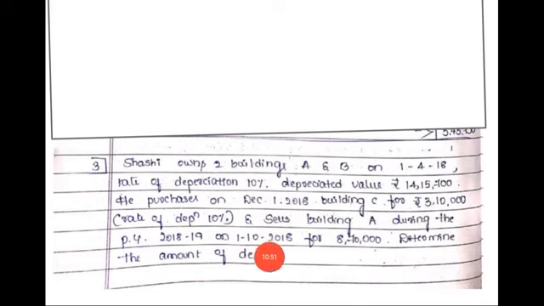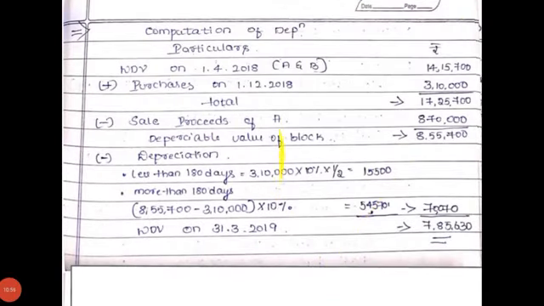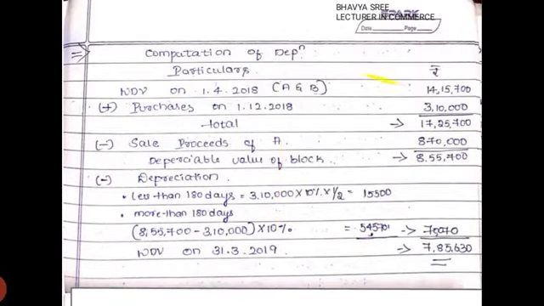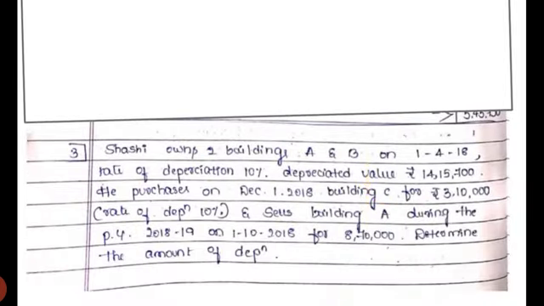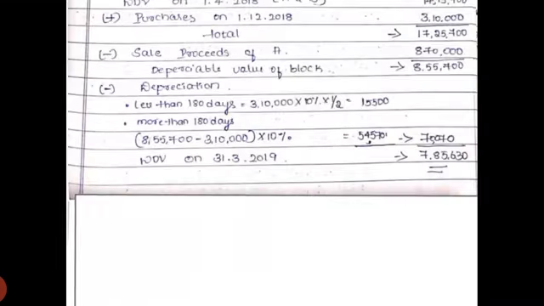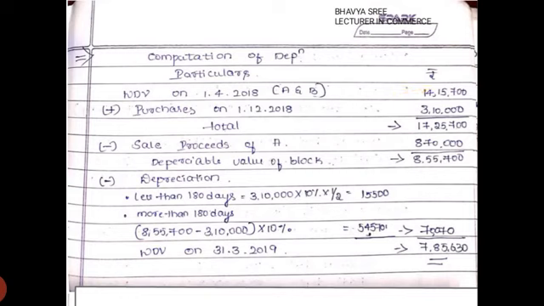Let us see. First we will consider the written down value of the depreciation. Depreciable value 14,15,500. The same value we consider in the written down value, 14,15,500.